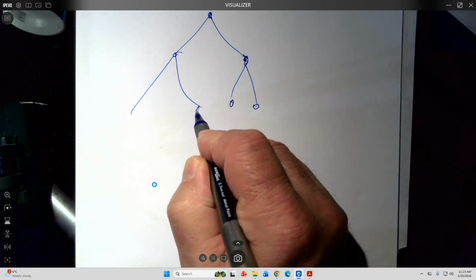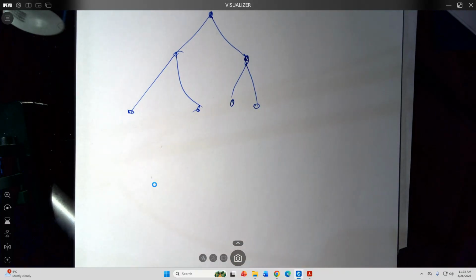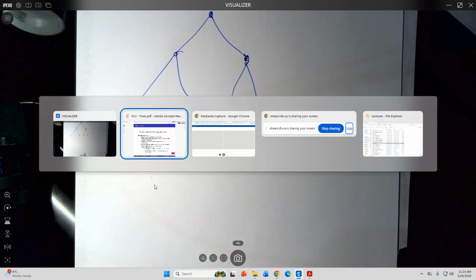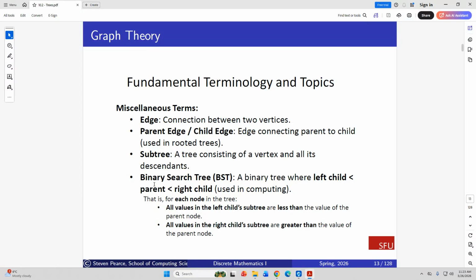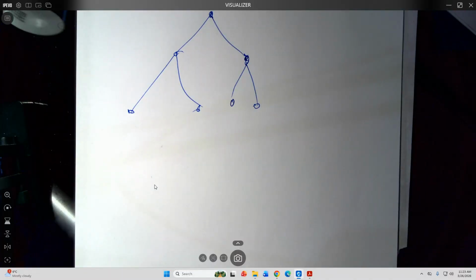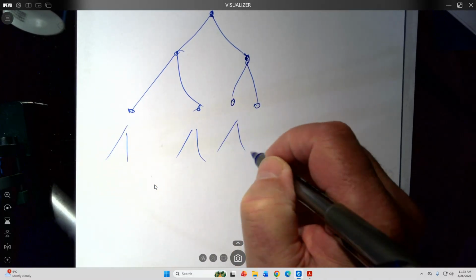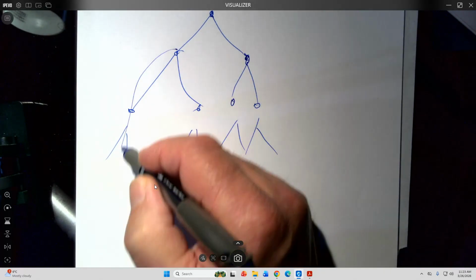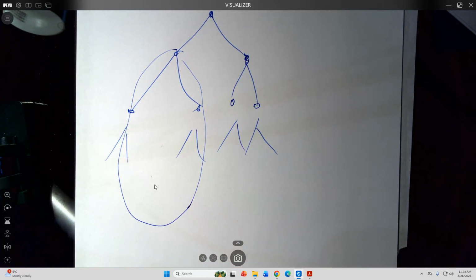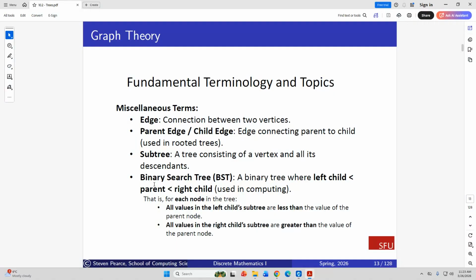Right? Here's a binary tree. And if we go back to what we're talking about here, this is a subtree. All right. Subtree, a tree consisting of a vertex and all its descendants.